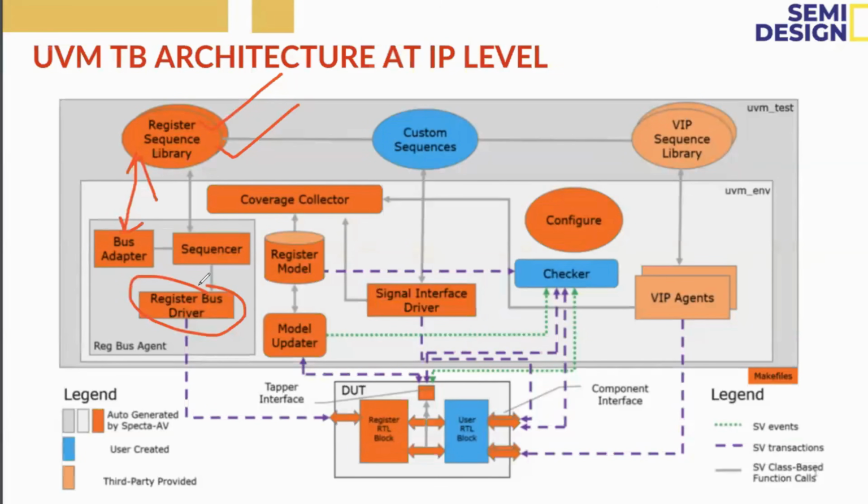But here the register sequence generates the register data, whereas the driver doesn't accept the data directly. So for that purpose, the register sequence needs to be converted into the bus sequence. That bus sequence is converted by the adapter layer, nothing but the bus adapter.